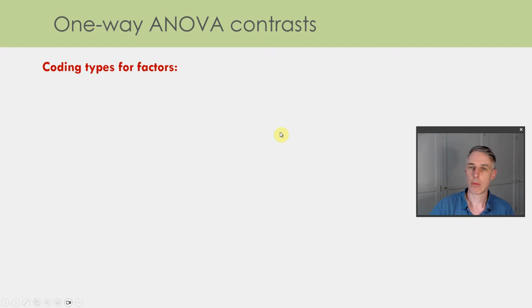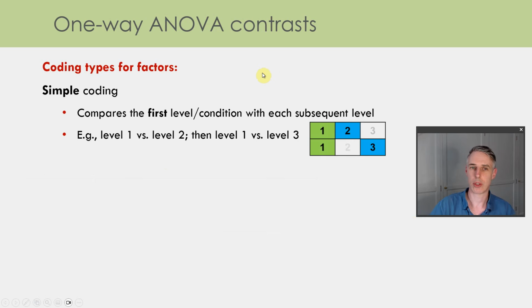Okay, so just to break that down in slightly clearer terms, hopefully, the coding types for factors that we'll come across in this module, well, we'll also come across polynomial factor coding, but for our purposes here, the default is simple coding, which will compare in our design with 3 levels, the first level of your independent variable, for example, the first condition, with each subsequent level in pairwise terms.